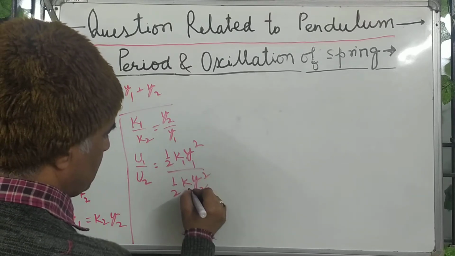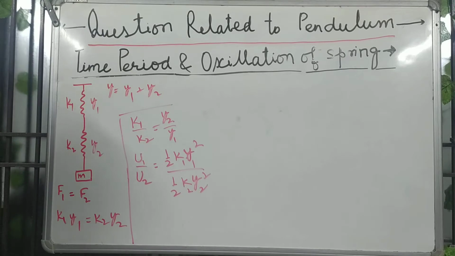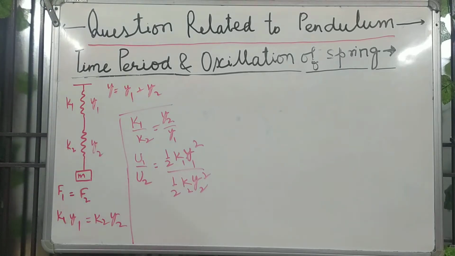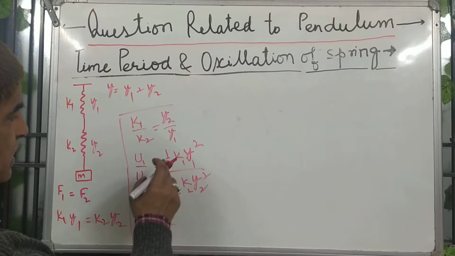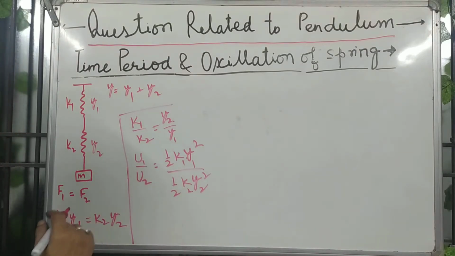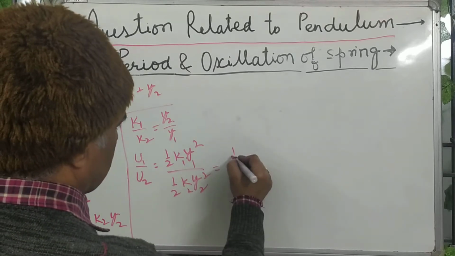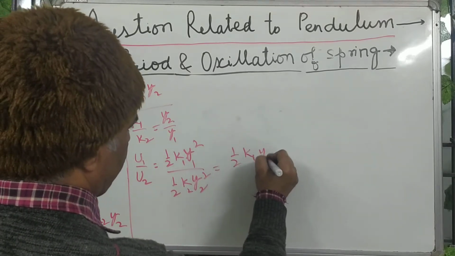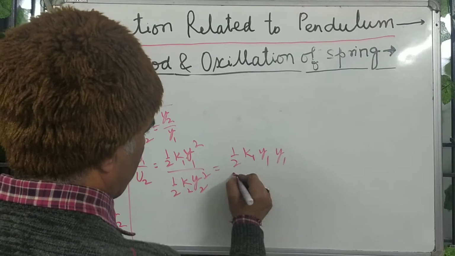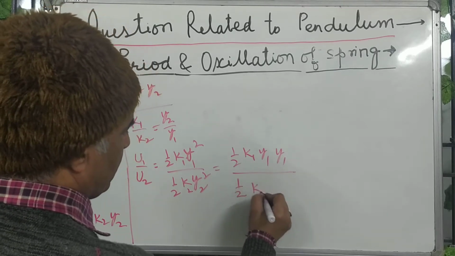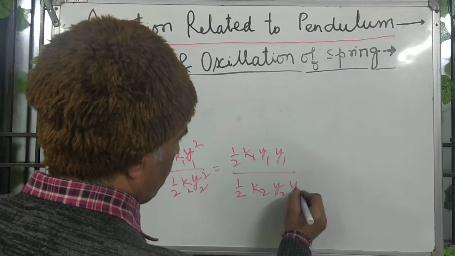This is k1 and this is k2. As you know, we can write it like this also: half k1 y1 into y1 upon half k2 y2 into y2.